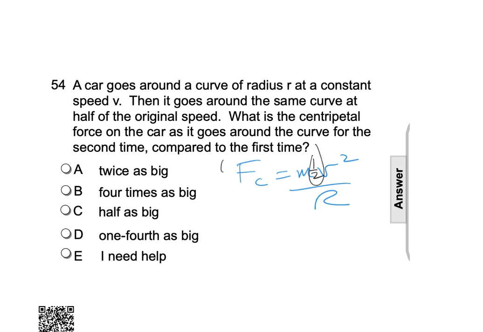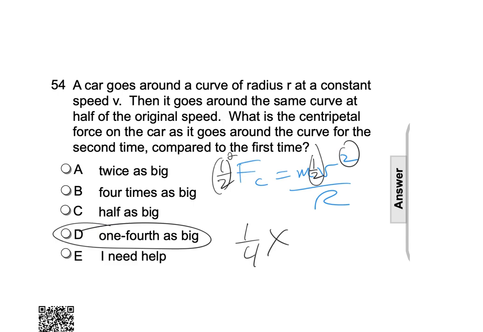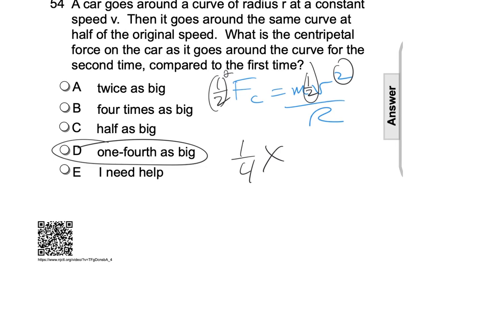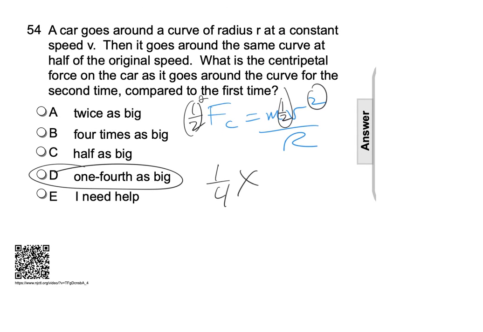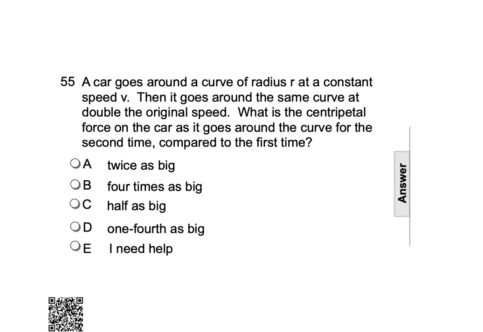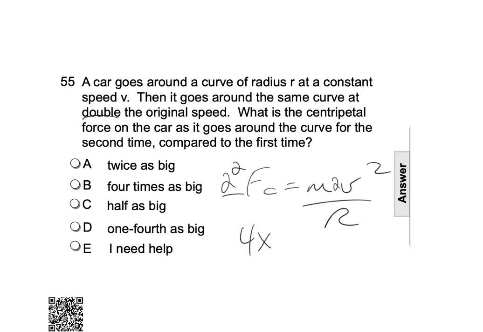So you're not just bringing one half over, because V is squared, you're bringing the 1/2 squared. So it'd be 1/4 times as much. The centripetal force needed would be only 1/4 of what you had before. Same kind of question: if you doubled the original speed, what would that do to the force? It would make it 4 times greater.